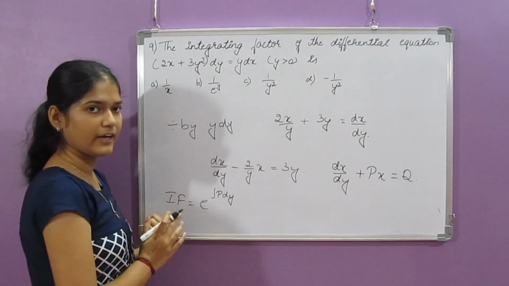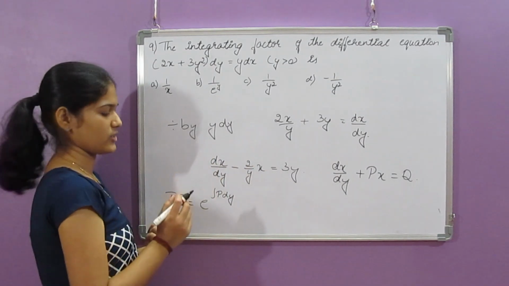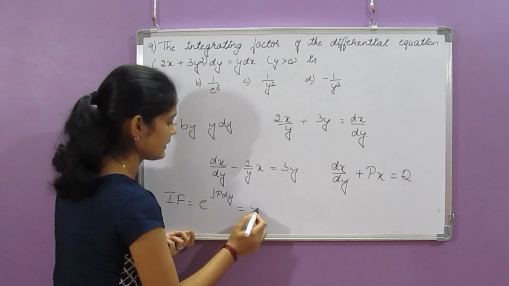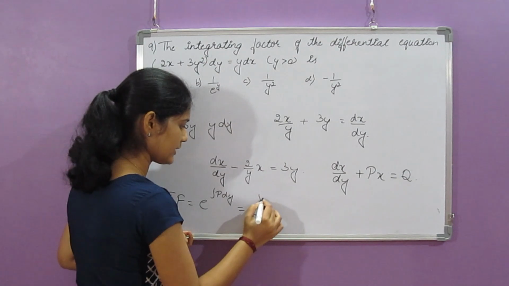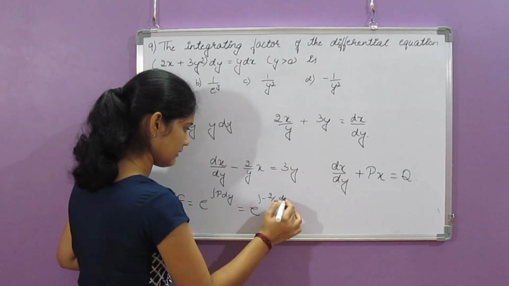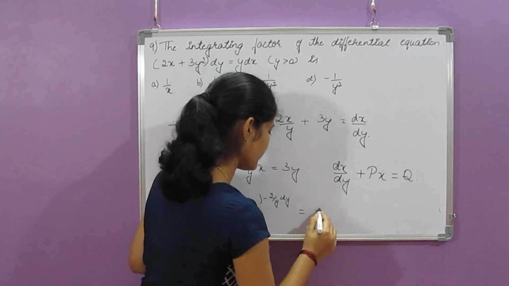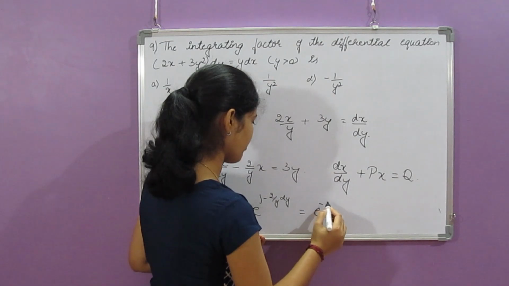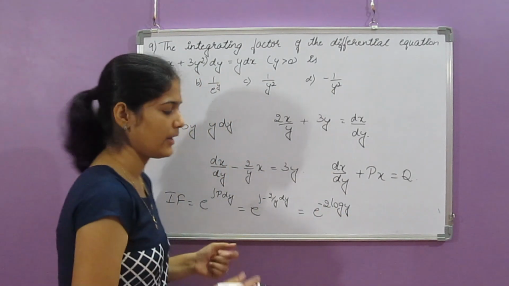The integrating factor for this type of differential equation is e power integration of p dy. That means e power, where p is minus 2 by y, so integration of minus 2 by y dy. Integration of 1 by y is log y, right? So it will be minus 2 into log y.